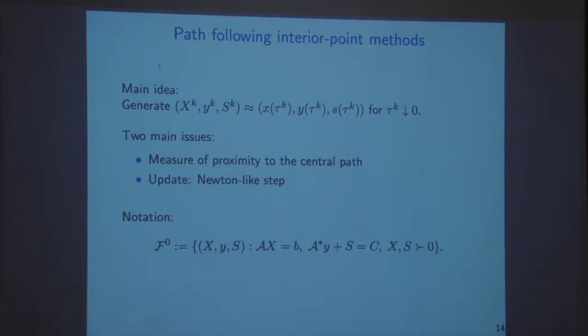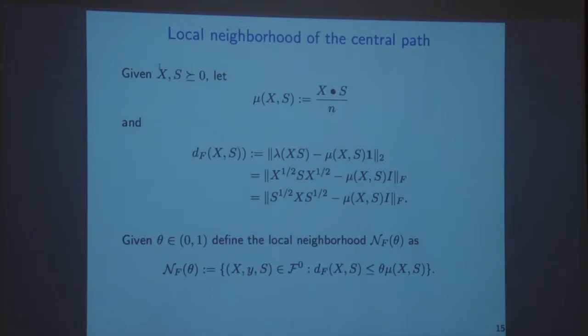F0 is essentially the same thing that we had before, the set of primal and dual strictly feasible points. And then mu is associated to the gap between a pair of primal and dual problems. So mu of X, S, just as before, is X dot S divided by n.